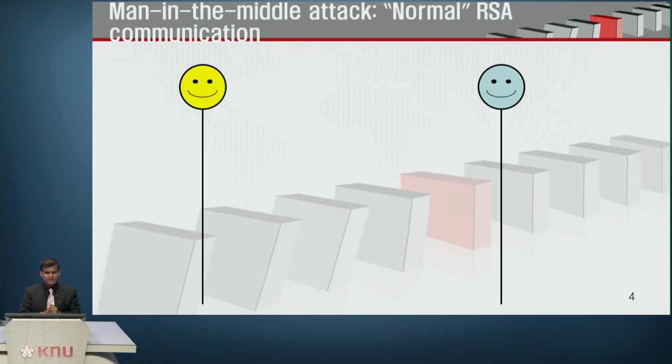But what happens is that Alice is there and Bob is there, and all of a sudden you have a person coming in the middle, say for example Dan. When Alice sends a message to Bob, it first goes to Dan, which means that Dan receives the key from Alice, and then he takes the key and sends his own key to Bob. Then Bob sends the key to Alice, but Dan takes the key first and then sends it to Alice.